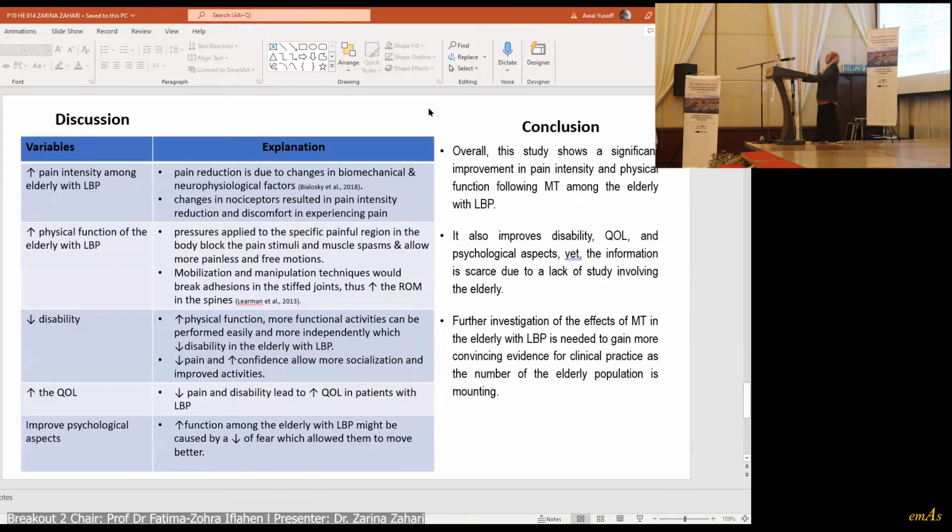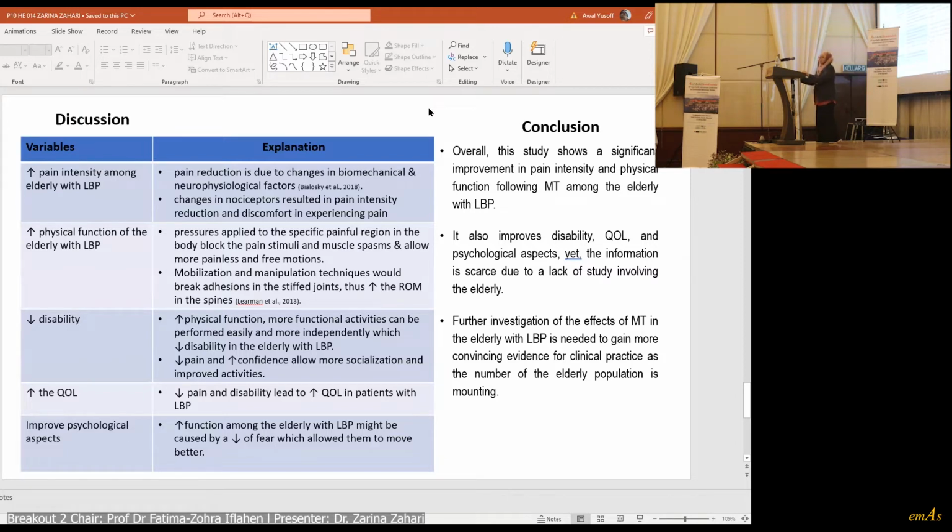For the discussion here, this study showed improvement in pain intensity among elderly with low back pain. Sorry, the arrow is supposed to be downwards. Here it shows improvement. The arrow upwards means improvement.